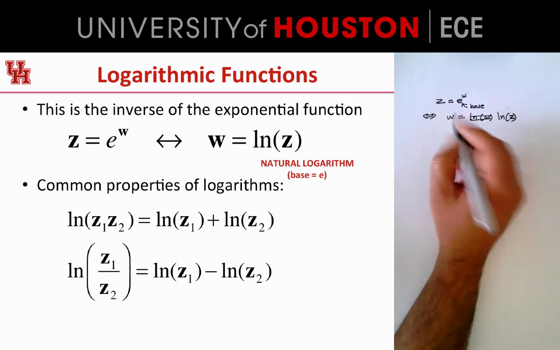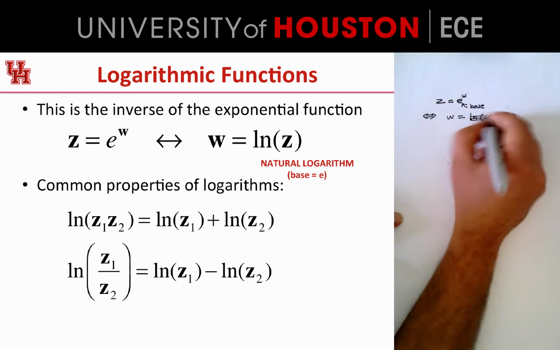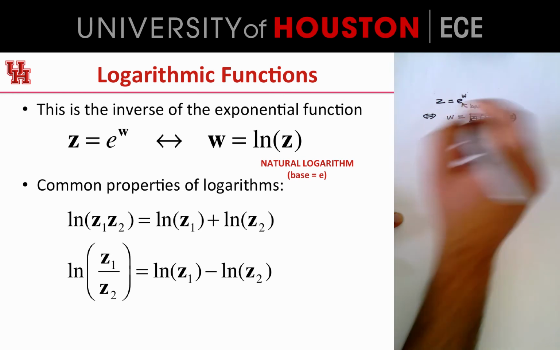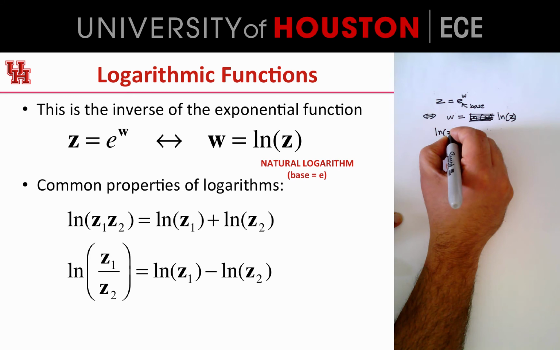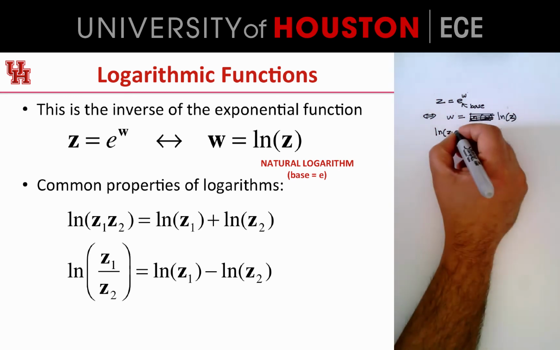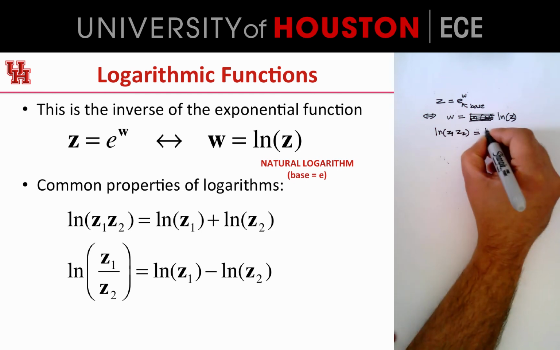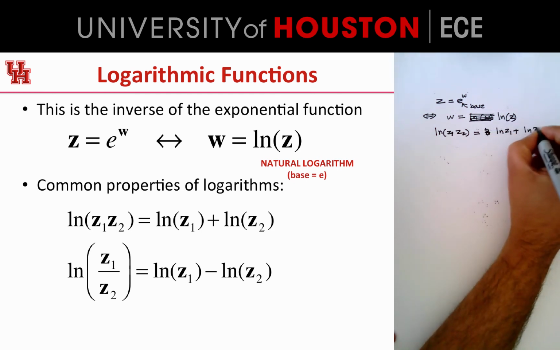So e is the base for this system of logarithms, and it's referred to as the natural logarithm. Logs of complex numbers behave much the same as logs of real numbers with respect to some of the most common properties. So the logarithm of a product of two numbers is the same as log of z1 plus log of z2.